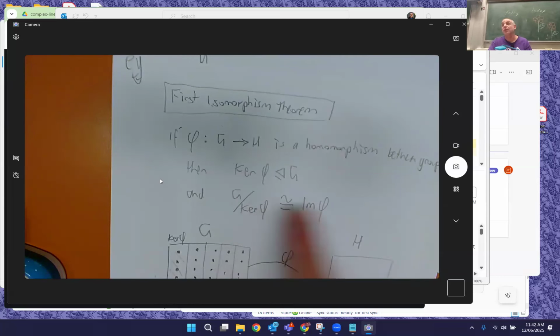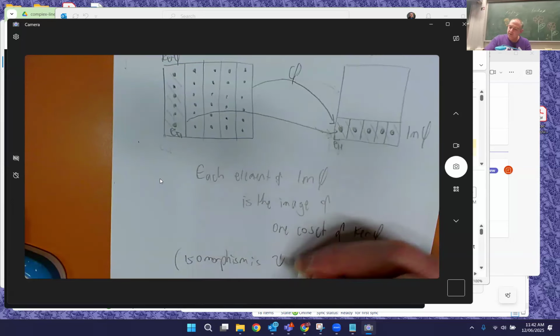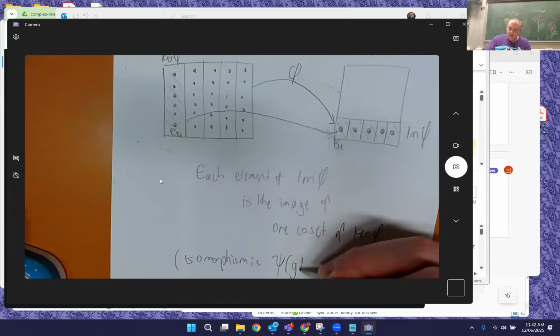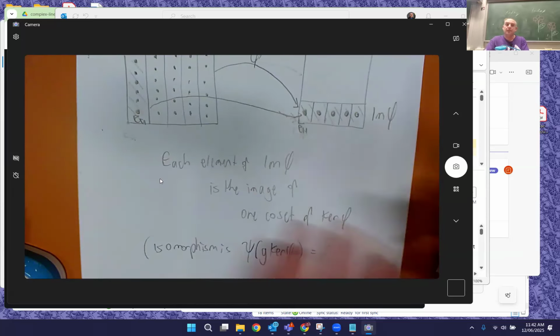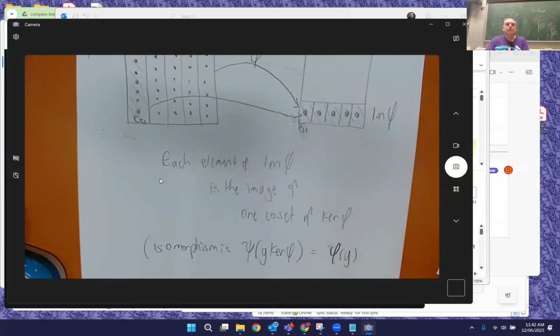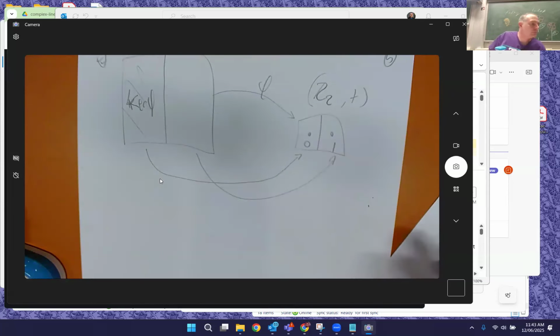These being isomorphic means there is an isomorphism, and the isomorphism is psi, probably psi of G, and phi is phi of G. Yep. So that's isomorphism stuff.